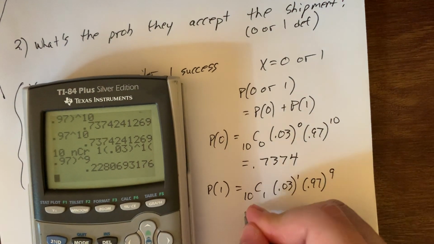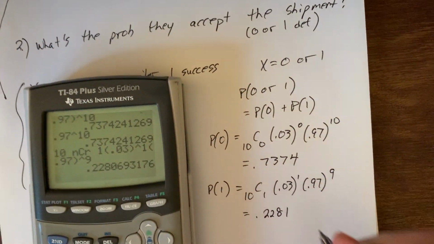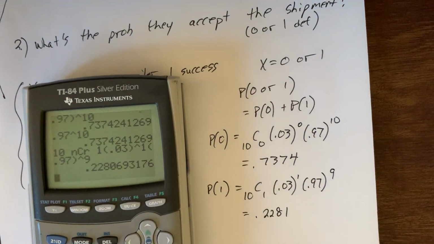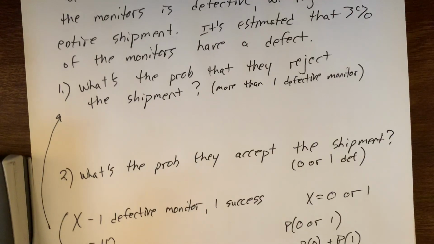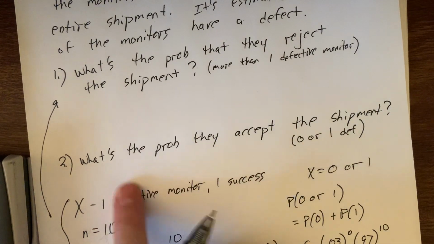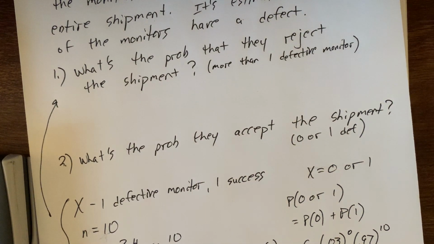So I get 0.2281 if I round to the 4th decimal spot. And now I'll finish. So what's the probability that they accept the shipment? This plus this.